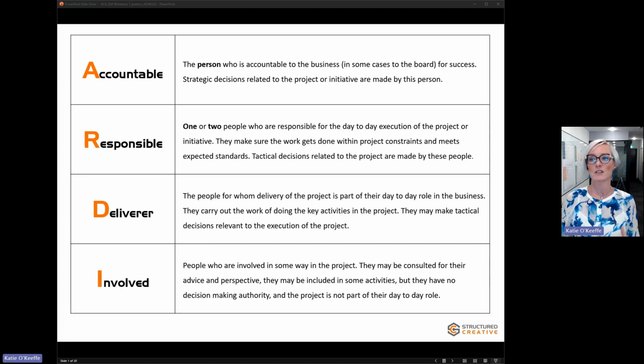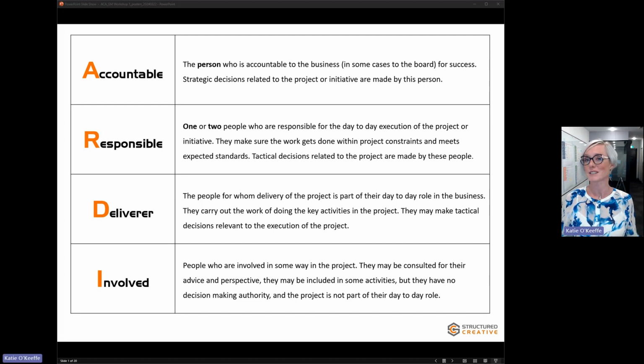And strategic decisions related to the project or initiative are made by this person. Then we've got responsible people, and this is one or maybe two people who are responsible for the day-to-day execution of the project or initiative. They make sure the work gets done within project constraints, they meet expected standards and stay within available budgets, and tactical decisions related to the project are made by these people.